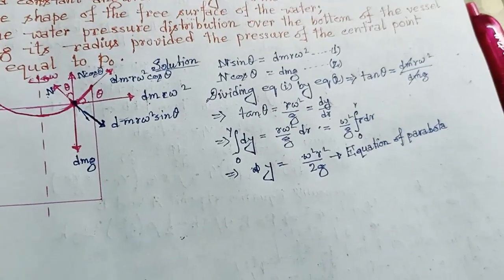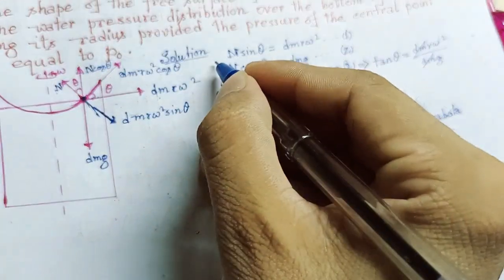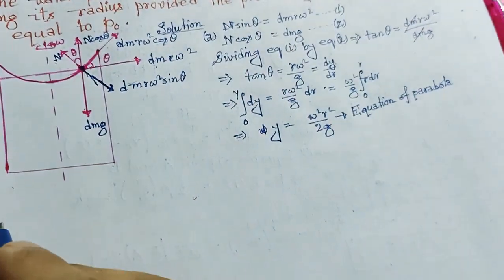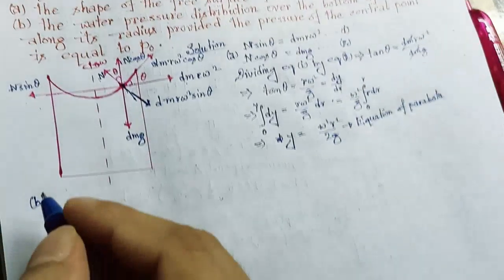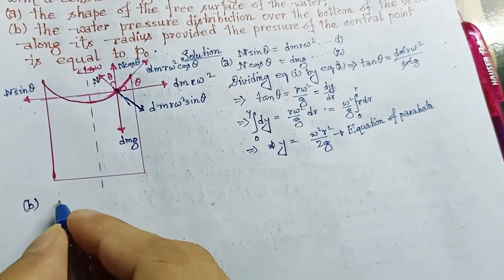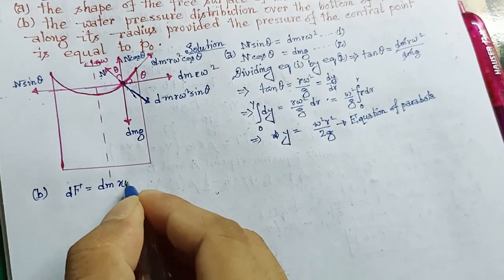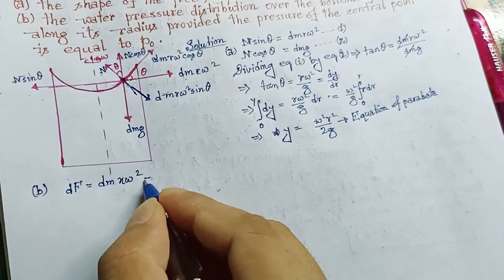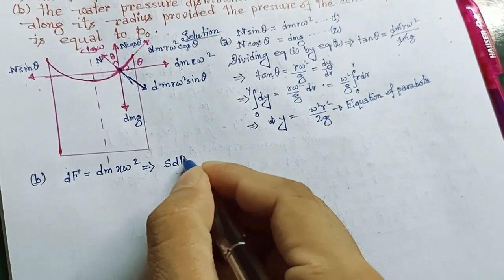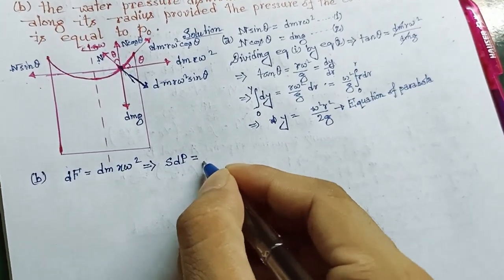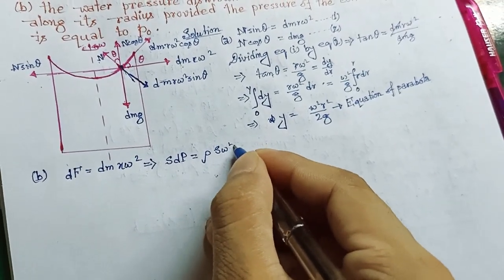Now we have to find the pressure. This was our part A, and in part B, let us assume the centrifugal force dF, which is equal to dm x omega square x. So from this equation we can write dF equal to S into dp, which is again equal to rho S omega square x dx.